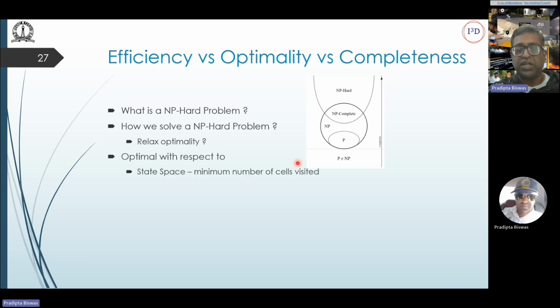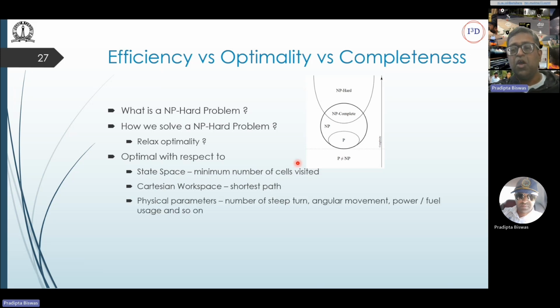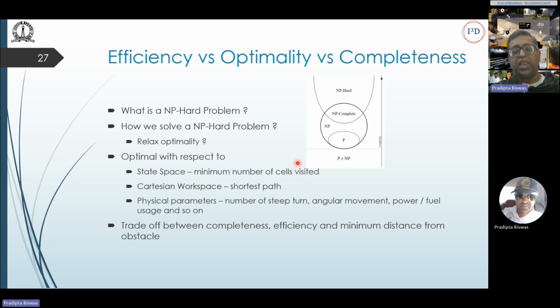This cost function may be in terms of the cells visited, as we are discretizing the Cartesian workspace, getting the shortest path like in Dijkstra's set of algorithms, or a set of physical parameters, such as reducing the number of steep turns or angular movement, or the total power and fuel consumption, etc.